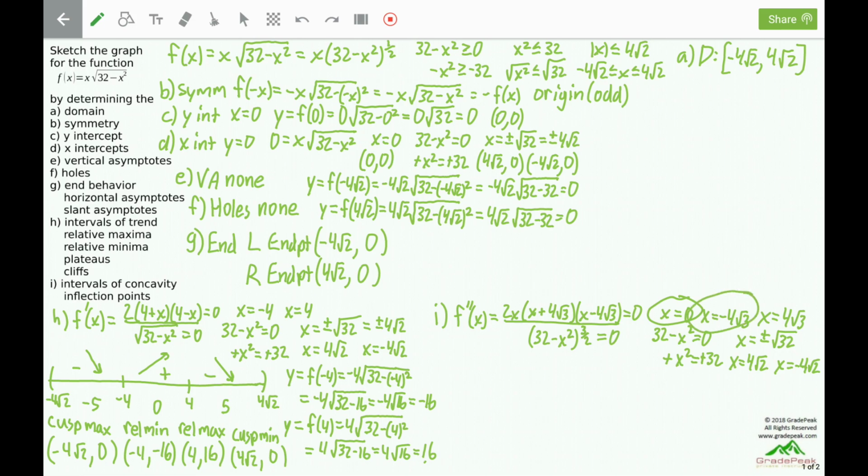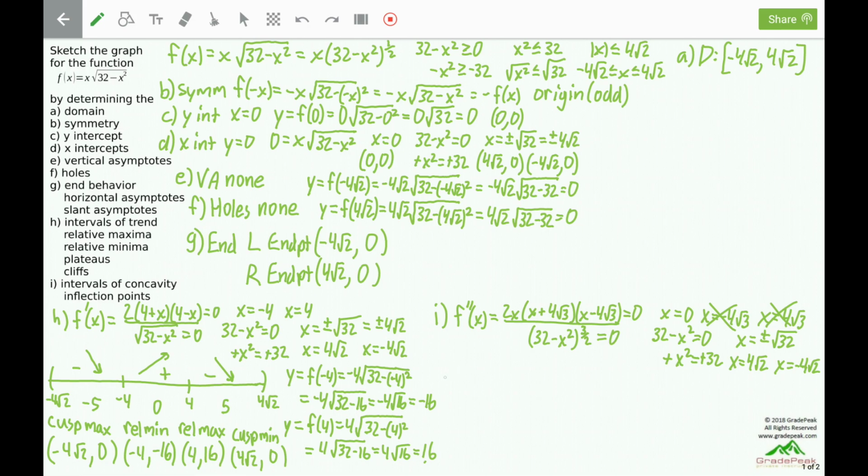So this is too negative, and this is too positive, and neither of those will be in the domain and are not candidate numbers. So we will cross each of those out. And then 4 square root of 2 and negative 4 square root of 2 are the left and right endpoints. They are in the domain because it includes them with square brackets, so they are candidate numbers.